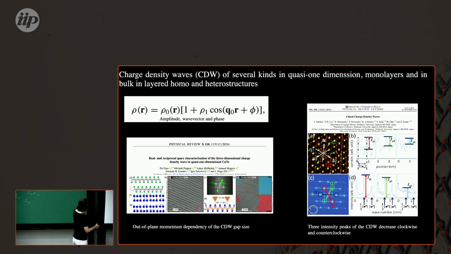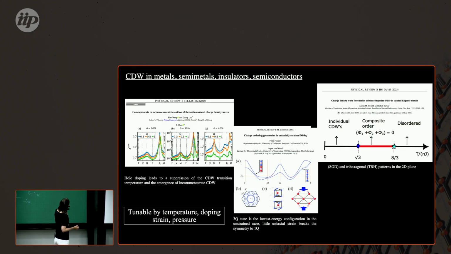So here, the out-of-plane momentum dependence of the charge density wave can be changed in these systems depending on the arrangement. In this case, there are chiral types of charge density wave, so that the intensity peaks of the charge density waves decrease clockwise and anti-clockwise. Also it is sensitive to that.